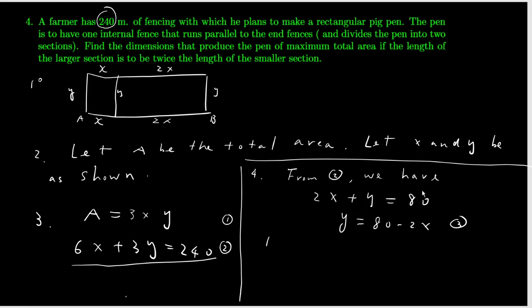Now we plug equation 3 into equation 1. We have A equals 3x times y. I'm going to replace y with 80 minus 2x.